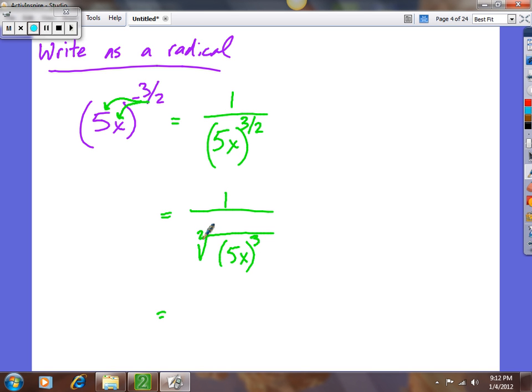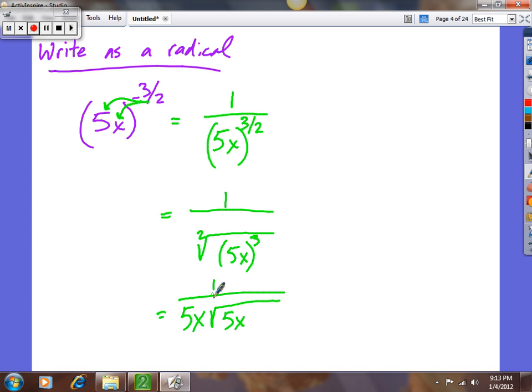So I know there's 1, 2, and 3. That means a 5x is going to make his way out, and a 5x is still left in there. So there's move number 3. Square root of 5x cubed is actually equal to 5x times the square root of 5x.